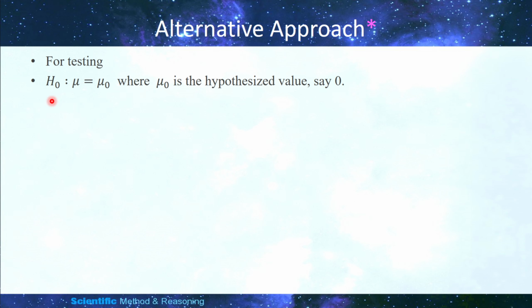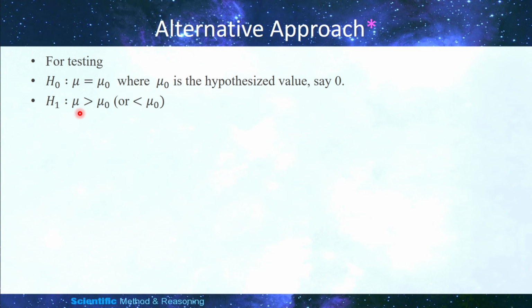This is for testing the null hypothesis that the population mean mu equals mu naught, where mu naught is the hypothesized value, say 0 in our last example. The alternative hypothesis would be mu greater than the pre-specified level mu naught, or less than mu naught, depending on the nature of the question. In statistics, we may have a two-sided test, but that will not be considered in this course.